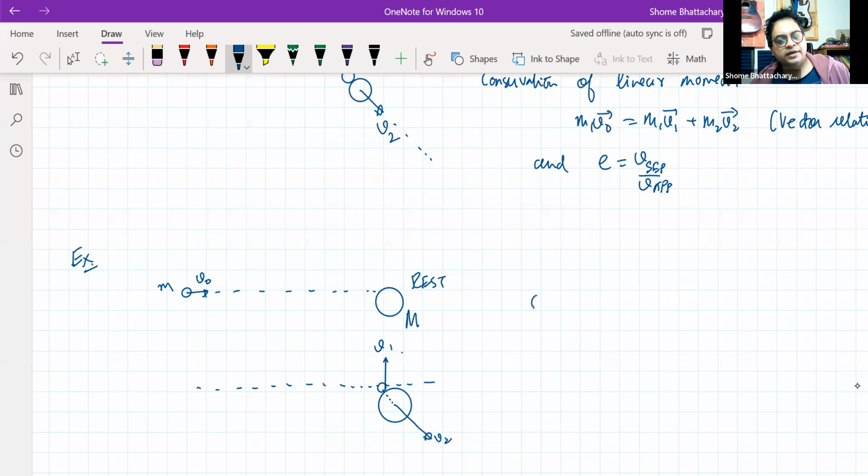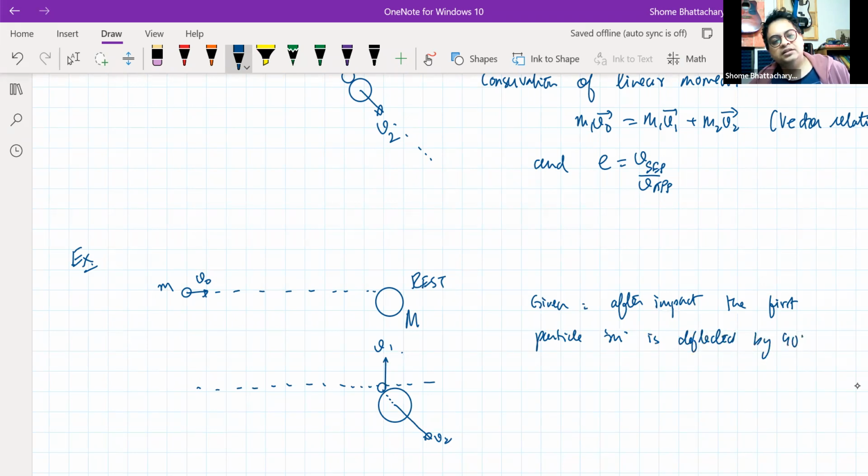So after impact, the first particle, small m, is deflected by 90 degrees.